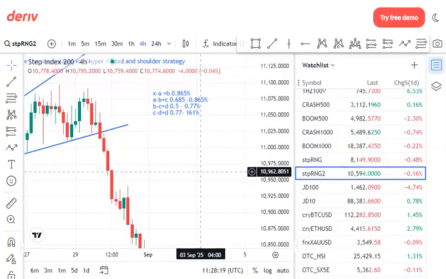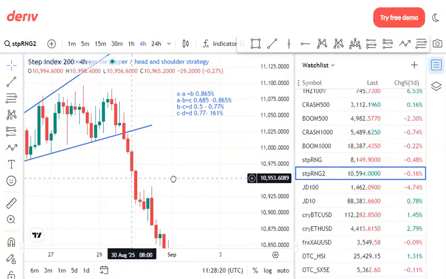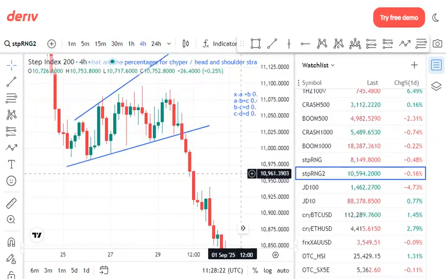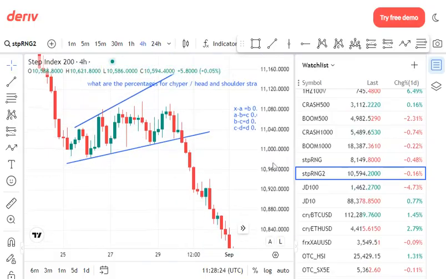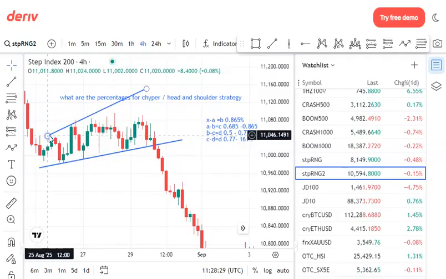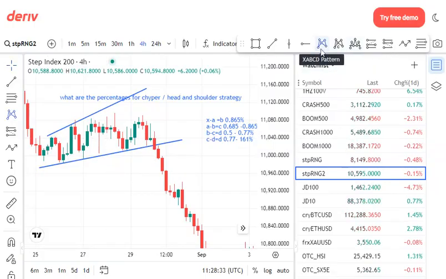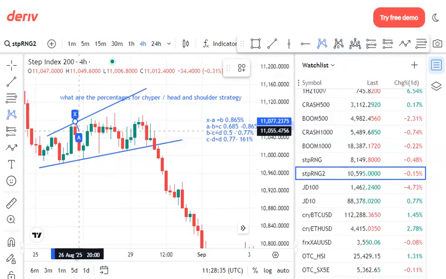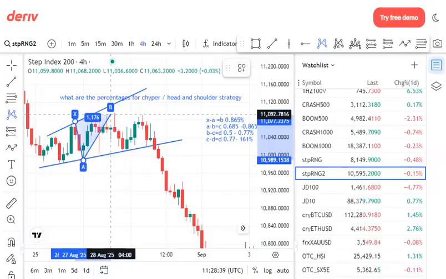After I gave a strategy on gold, on XAU USD, I saw XAU USD and it gave me a cipher pattern. Then I traded it and it gave me a win trade, and I showed you guys the pattern worked. So all of my strategies were basically this.